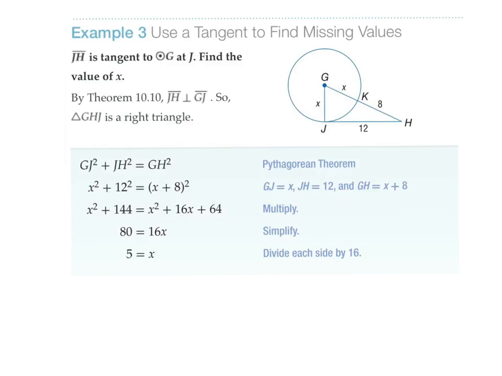Okay, so here's example 3. And again, Pythagoras, so it's going to be x squared this time, which is the radius. 12 squared is the longer side, and x plus 8 squared is going to be your hypotenuse. Okay, so this is a FOIL situation, or square it, double it, square it will give you your quadratic.